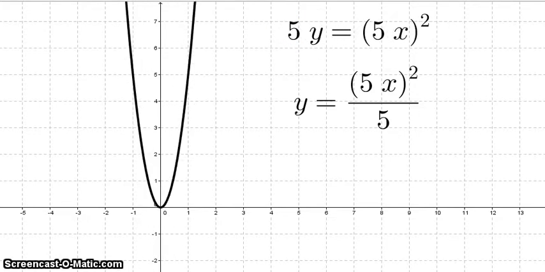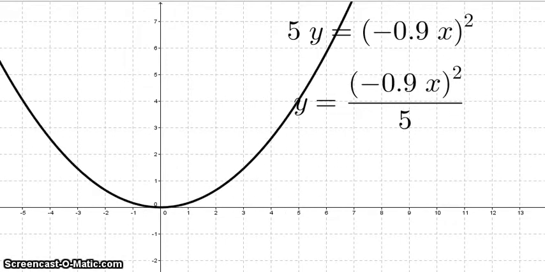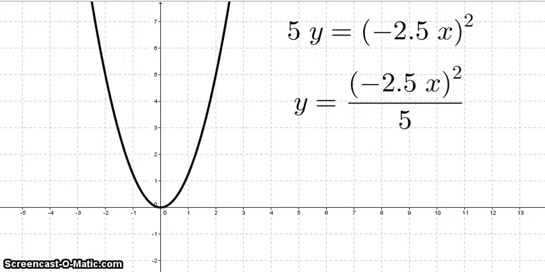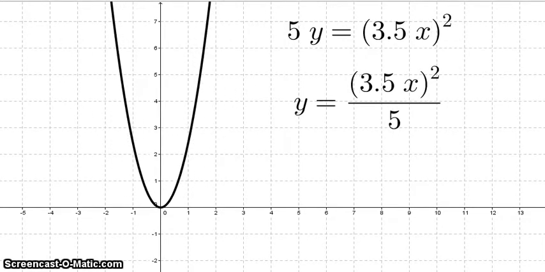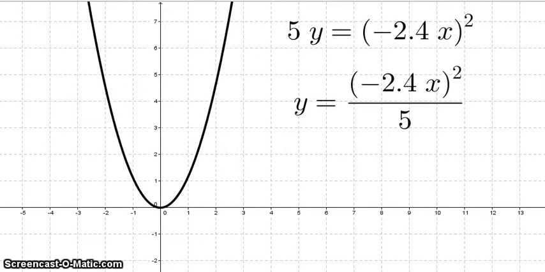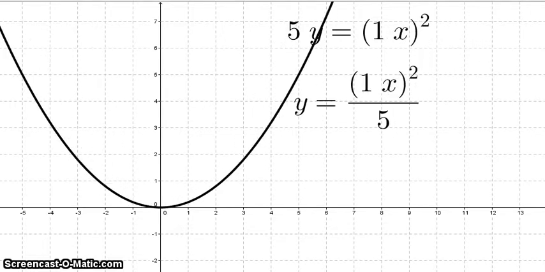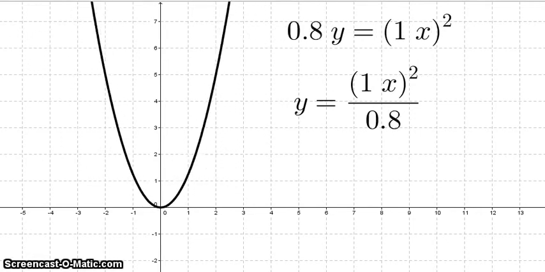Oh, I forgot to mention, if this value is negative, it actually flips the graph over. In this particular case, the multiple for x doesn't flip the graph over because we're squaring it. So 2.4 squared is a positive number, so it didn't change anything. So by multiplying y, it stretches the y values.